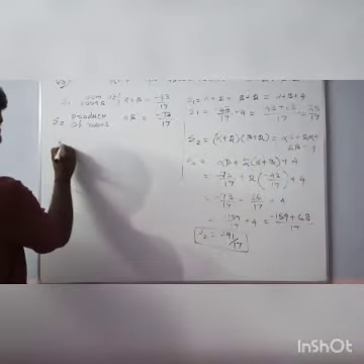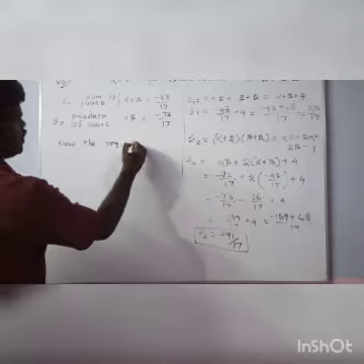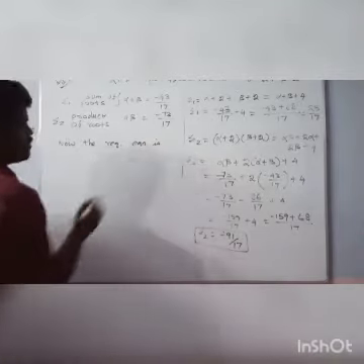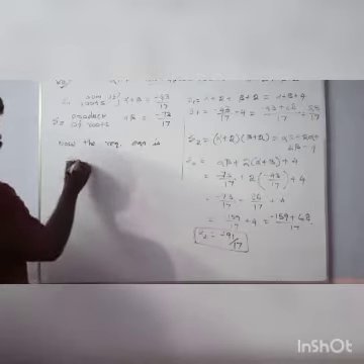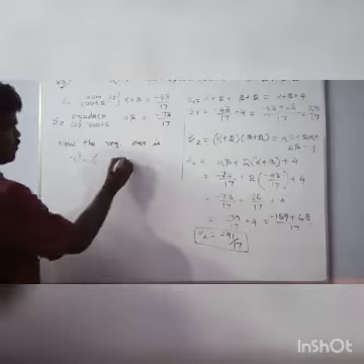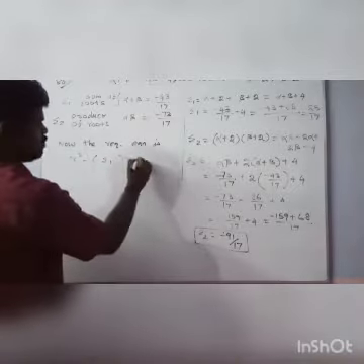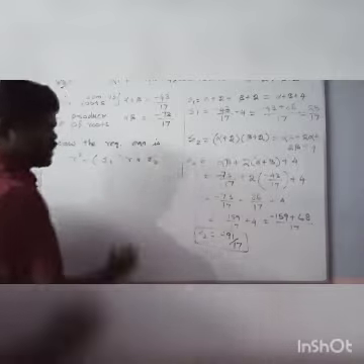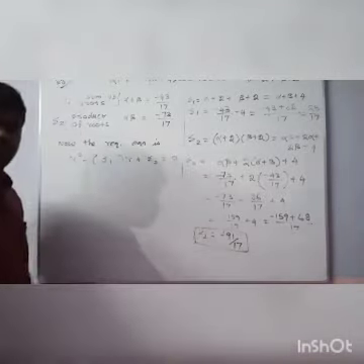Now the required equation is, by Vieta's formula, x square minus sum of the roots, sum of the roots means summation 1, into x, plus product of the roots, product of the roots means summation 2, equal to 0.